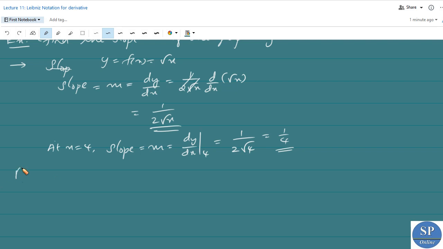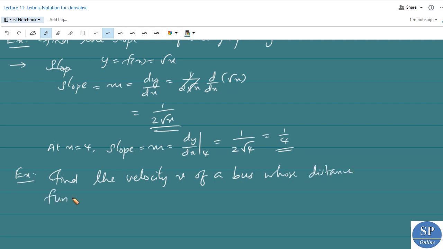Next one: find the velocity v of a bus whose distance function is t cube. So we need to find the velocity v of a bus whose distance function is t cube.